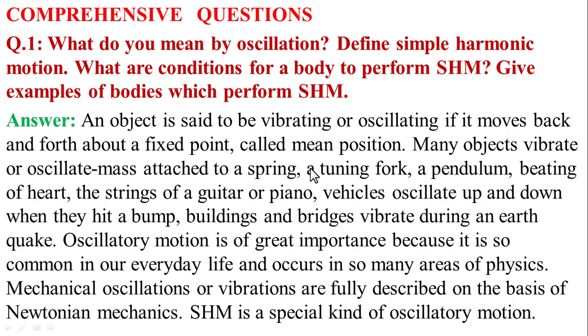Many objects vibrate or oscillate: a mass attached to a spring, a tuning fork, a pendulum, the beating of the heart, and the strings of a guitar or piano. Vehicles oscillate up and down when they hit a bump. Buildings and bridges vibrate during an earthquake.